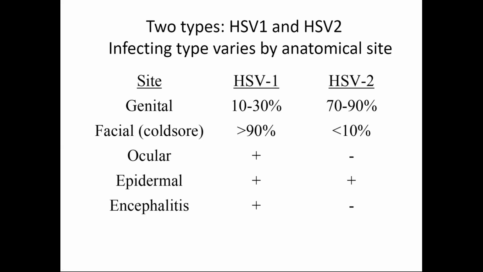The cold sore on your lip, facial, is almost always type 1, but occasionally it is caused by type 2. Ocular herpes and herpes encephalitis are exclusively type 1, whereas epidermal forms can be either type 1 or type 2.